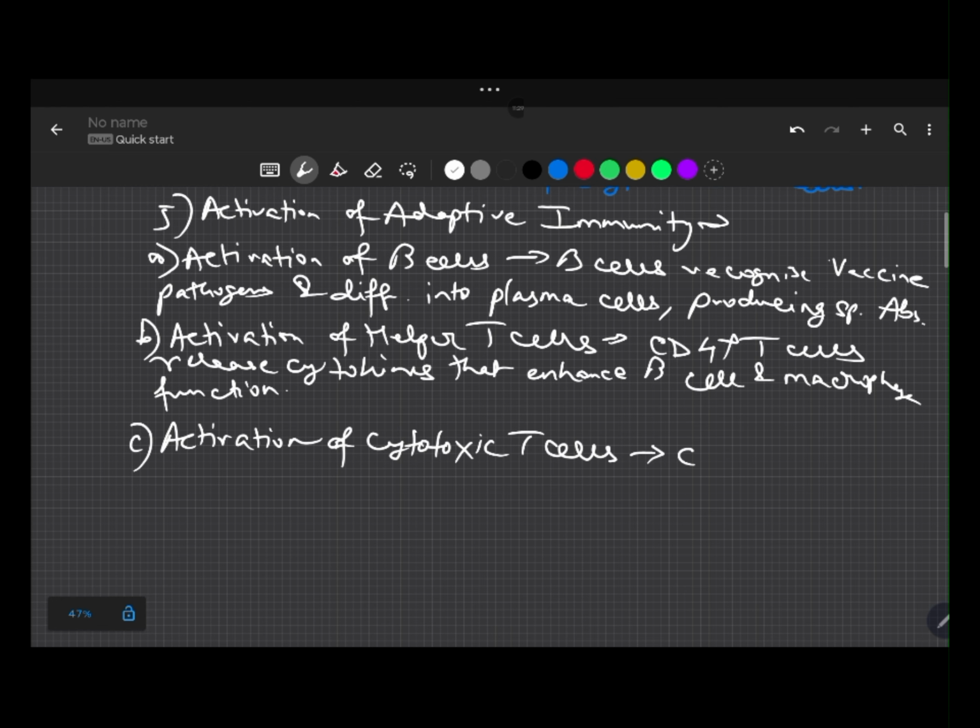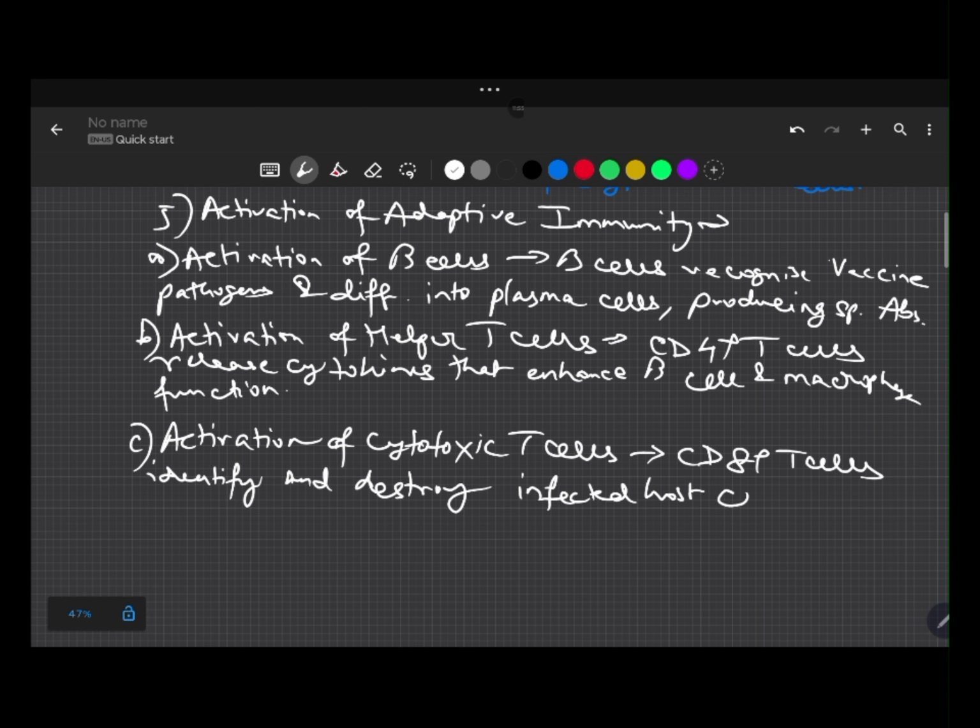CD8 plus T cells identify and destroy infected host cells, producing protection against intracellular pathogens.